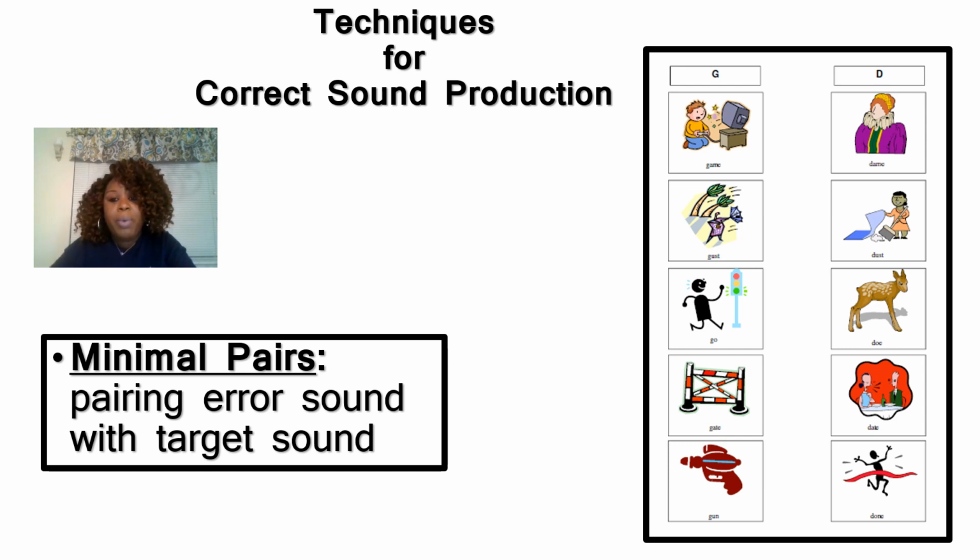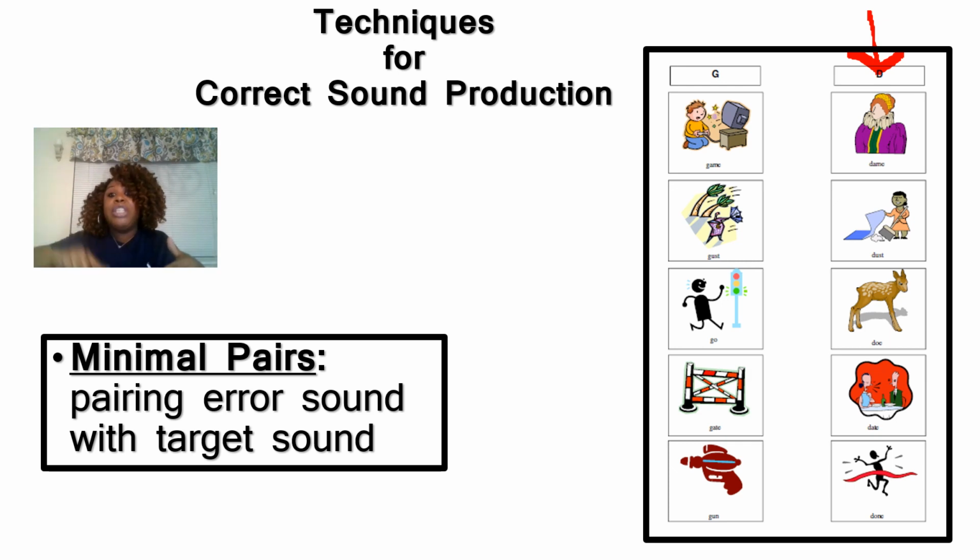So for example, we want them to be able to say gate, but instead of saying gate, we're still getting date. So we want them to feel the difference between the two. Now, I personally would put the D first and the G second, because the D is the error sound I want to get rid of, and I know that's what they're able to do.